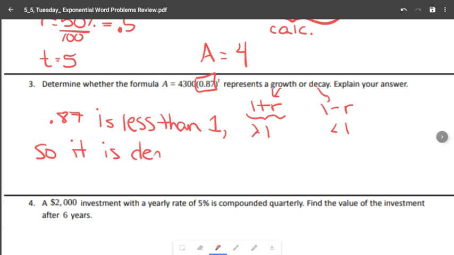If that number in the parenthesis was greater than 1, we would have said it was growth. And it says explain your answer. We did there. We said it was less than 1. That is your explanation for why this is decay.